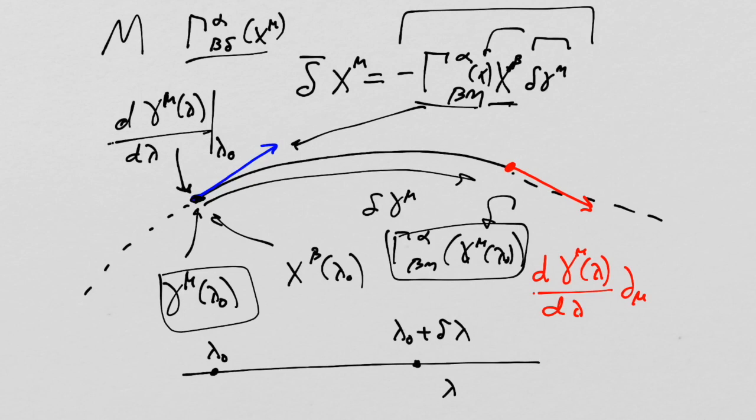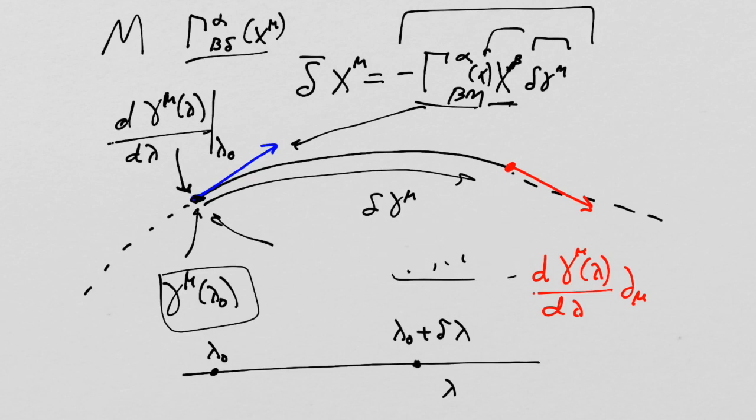So I'm going to do the obvious thing, which is to replace x in this formula with the tangent vector itself.